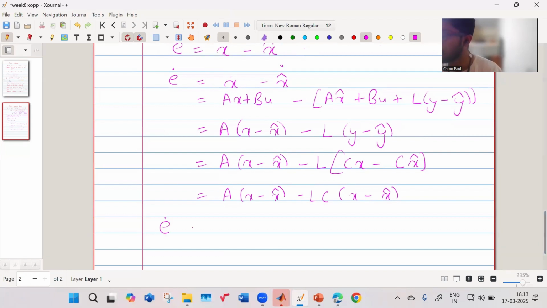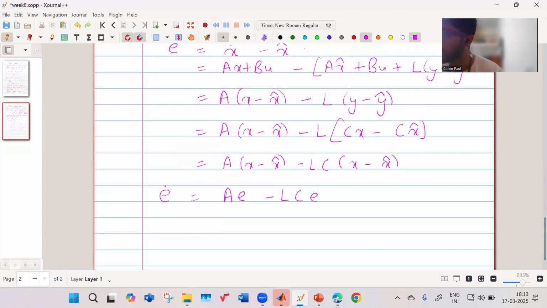That is why e dot is equal to A into e minus LC into e. So e dot becomes equal to A minus LC into e. This is the dynamics of the error. These are the error dynamics.